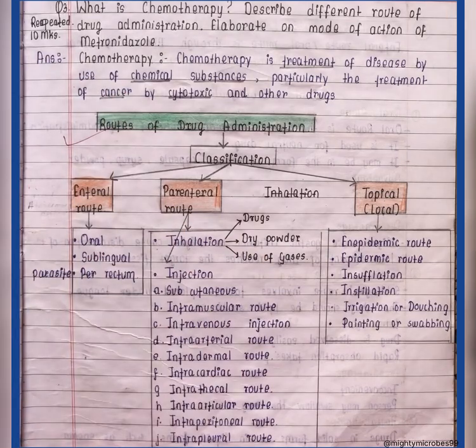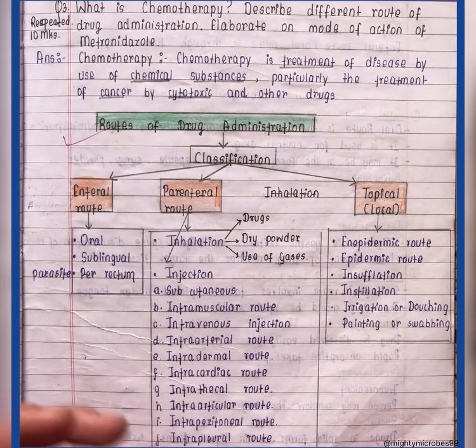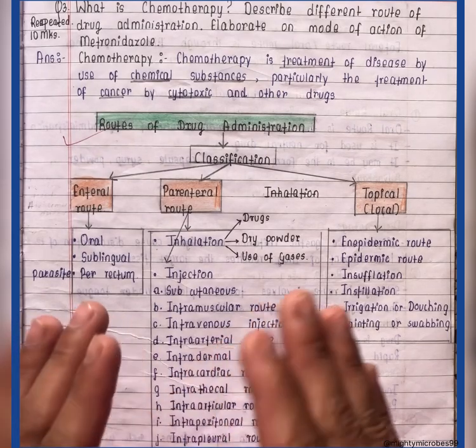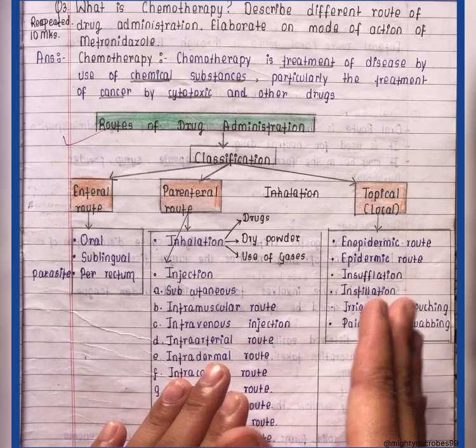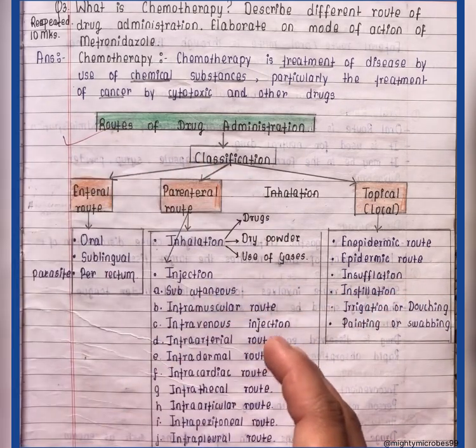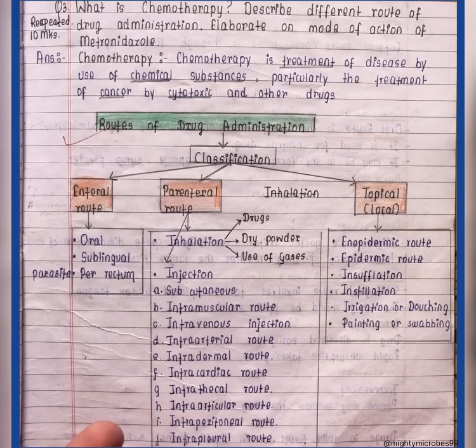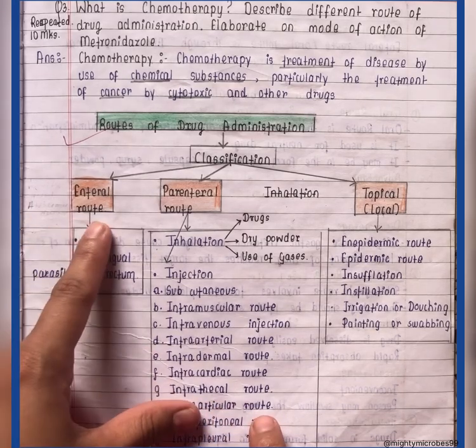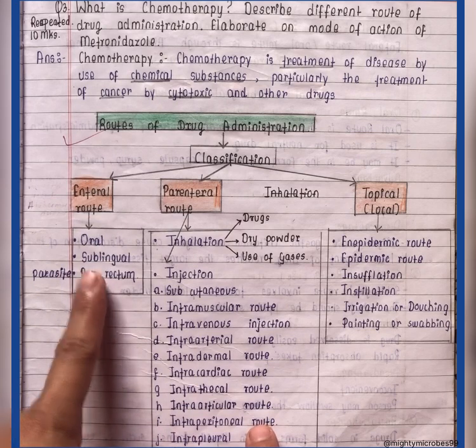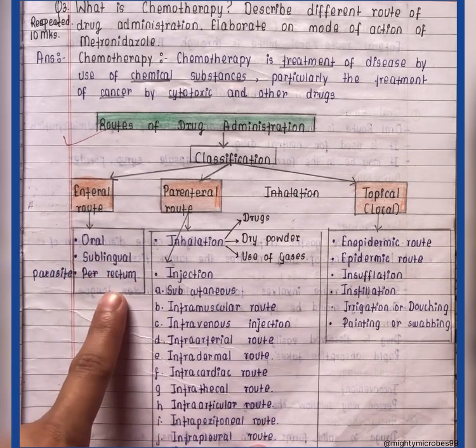The next is route of drug administration. It is the path which is chosen by the drug to travel in our body. The route may be enteral, topical or parenteral. In the enteral route, the subtypes are oral, sublingual and rectal.